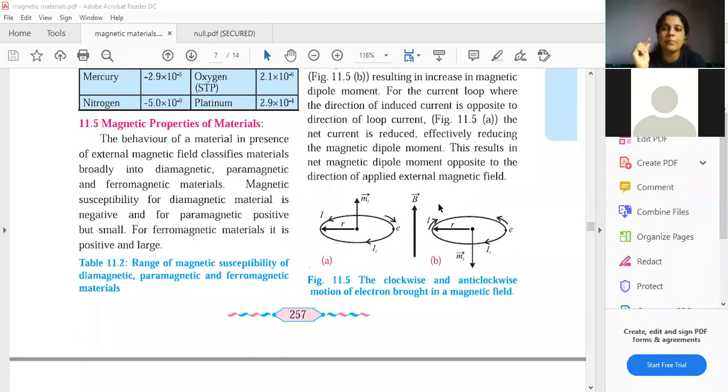One is spin dipole moment, that is the positive and the negative spin of the electron, and the second is orbit dipole moment. It is revolving around the nucleus and it is rotating on itself as well. So the electron has two types of dipole moments, and these two combine to give the net magnetic dipole moment of the electron.